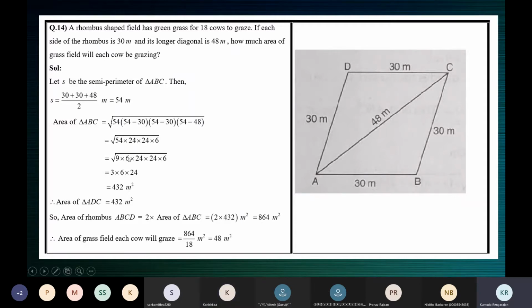Sensibly we should not disturb 24 and 24, because there are two 24s, so one of them will come out. Why simply write them as factors? So our concern is only about 54 and 6. 54 is 3 into 3 into 3 into 2, and 6 is 3 into 2. Like that.